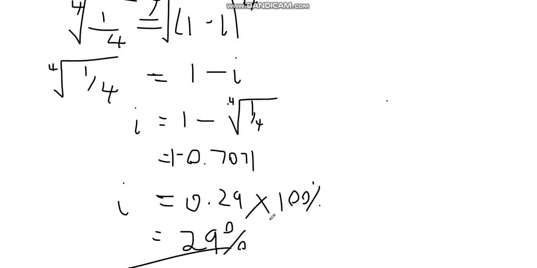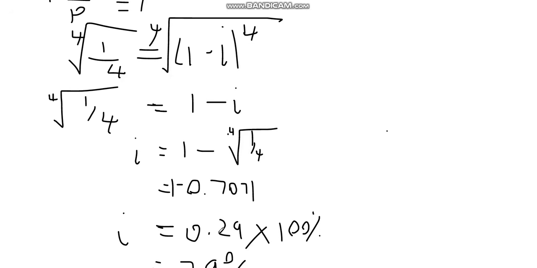Okay, so the key things to note, guys, is your n represents your period. So once they say compounded monthly, make sure that you multiply that by 12, and for the interest rate you divide by 12. If you multiply here by 12, here you divide by 12.